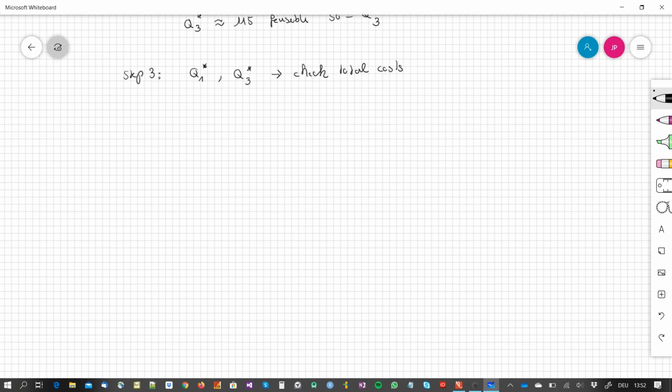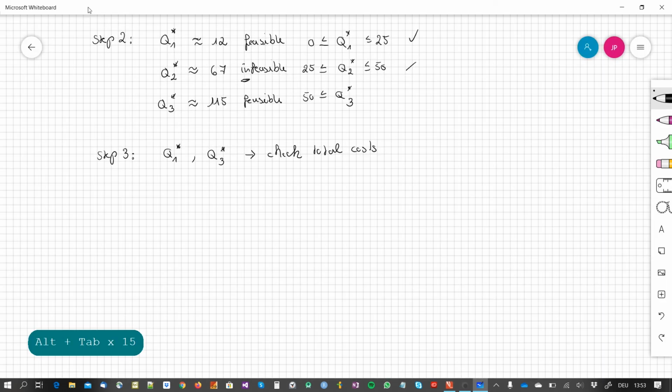I show you one extensive example. So the first thing is we check the costs for Q1. And that is, I write the formula down, then plugging in the numbers is easier.